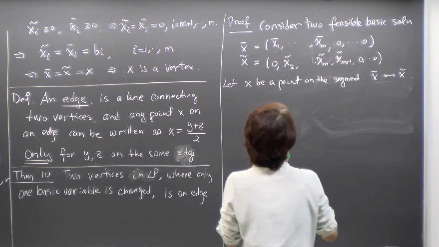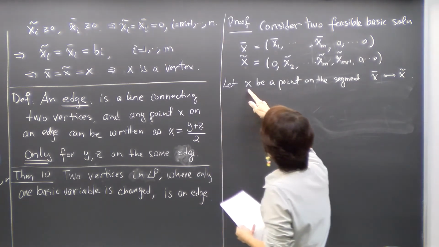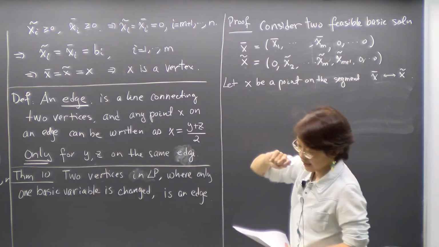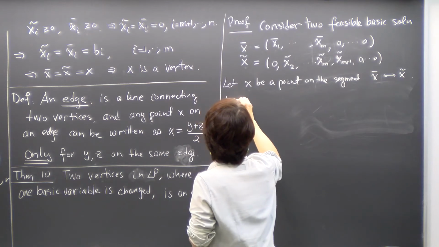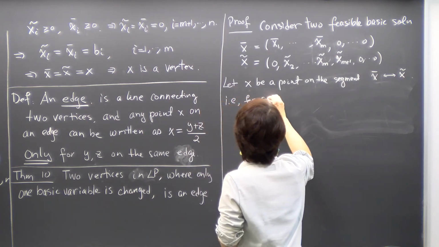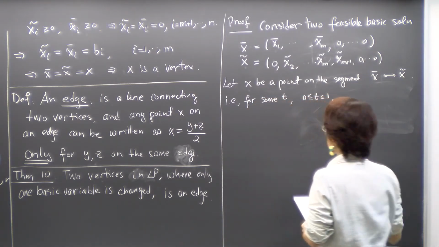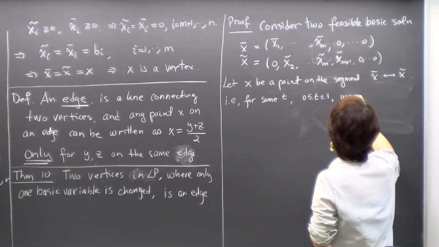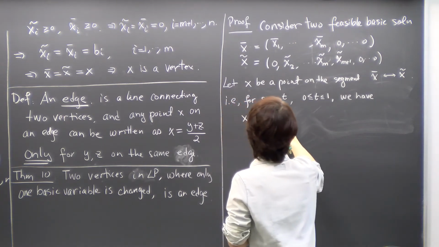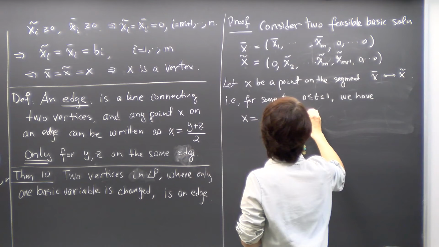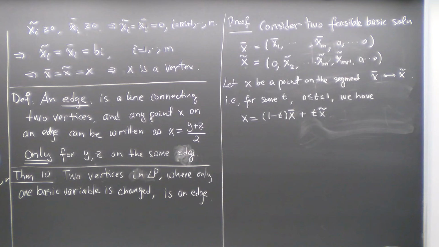You have this parameterized formula for the line. So that means for some t, that's our parameter, where t lies between 0 and 1, x is a convex combination of the other two. You can always do that.